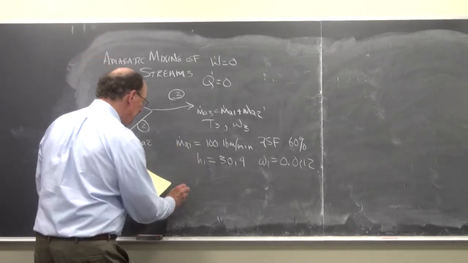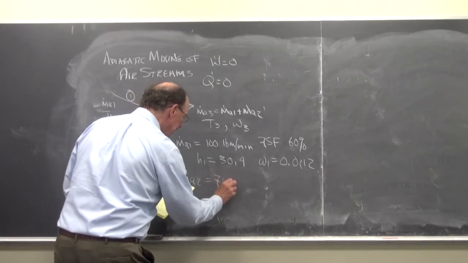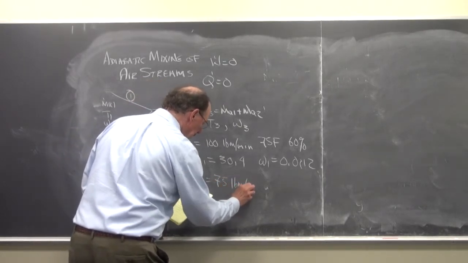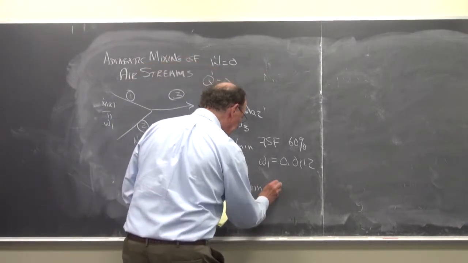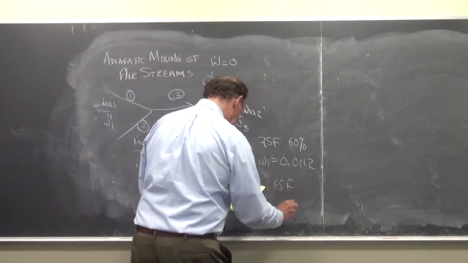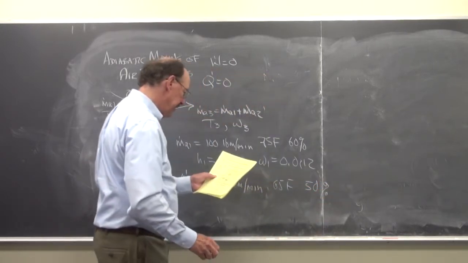We'll have that m dot A2 is equal to 75 pounds mass per minute, at 65 degrees Fahrenheit and 50% relative humidity.